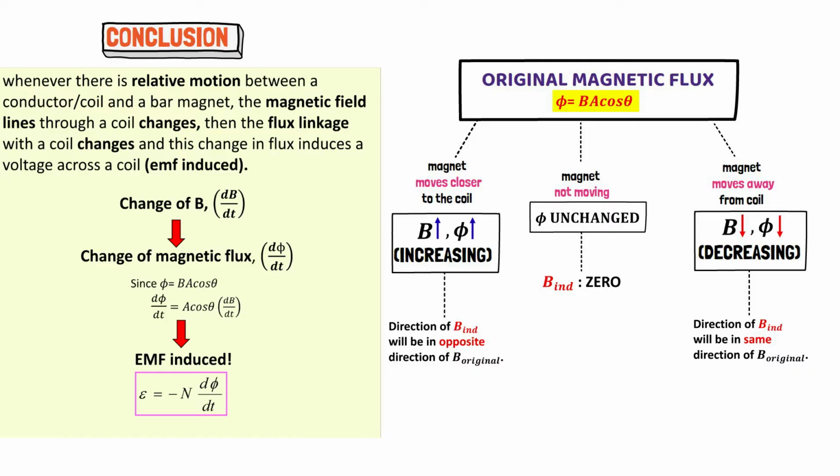Jadi sistem itu akan cuba untuk tambah, untuk dia maintainkan keadaan asal magnetic field around the coil. So that's why the induced magnetic field will be produced in the same direction. Kalau tadi out of the page, induced magnetic field also akan jadi out of the page bila mana magnetic bar is moving away from the coil.